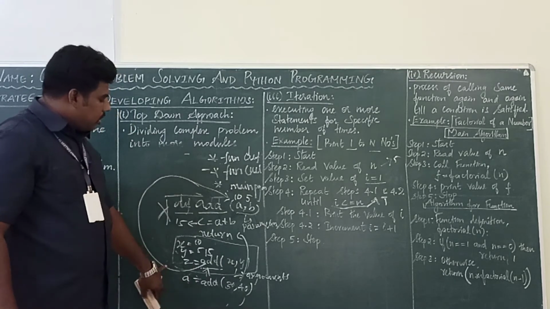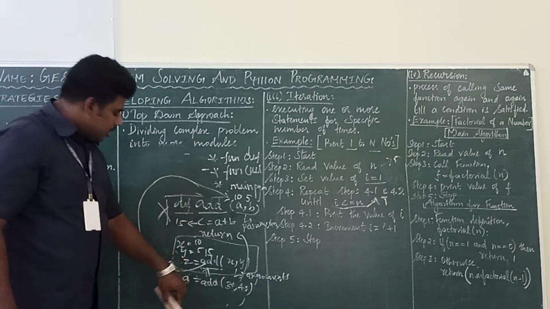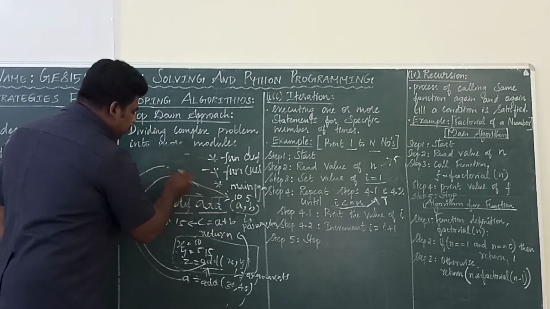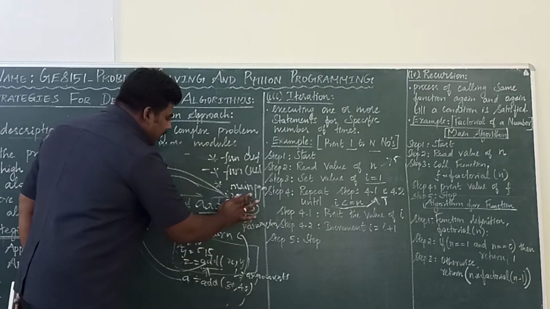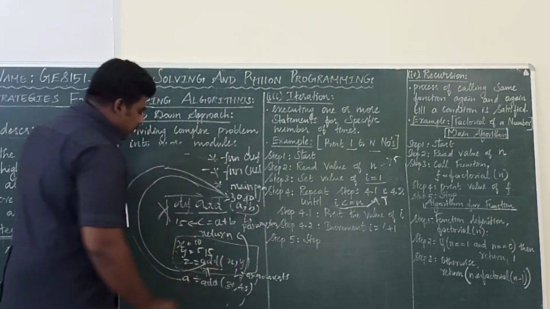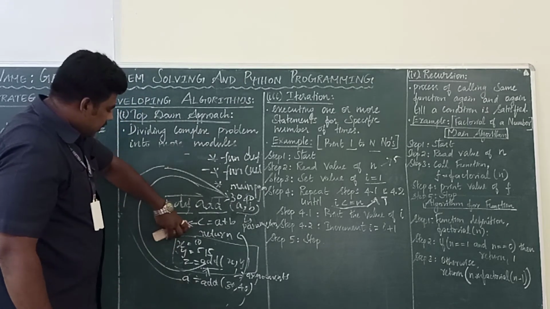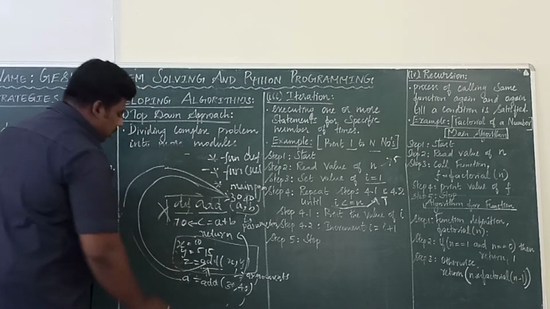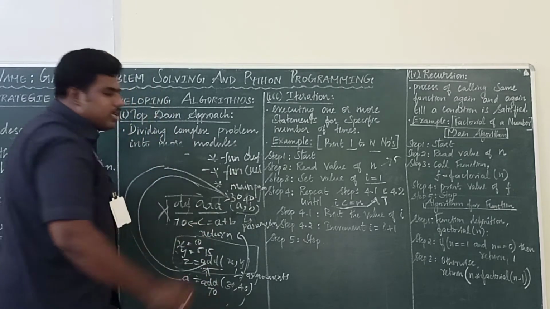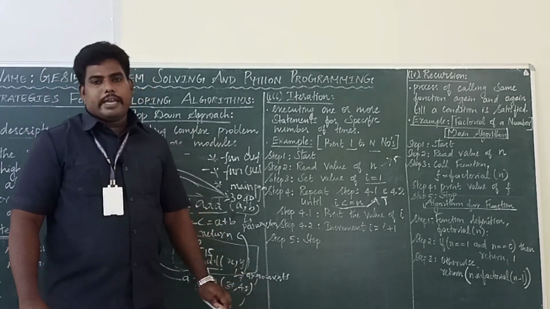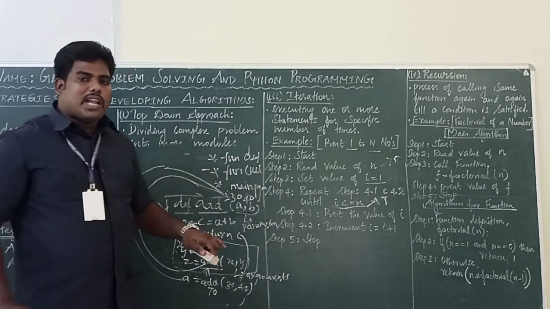I need not write it again and again. From here it is executed again. Here the value is 30, here the value is 40. 30 plus 40, you will get 70. The 70 value will be written back here. You can print A. This is the function concept. All of you got it?